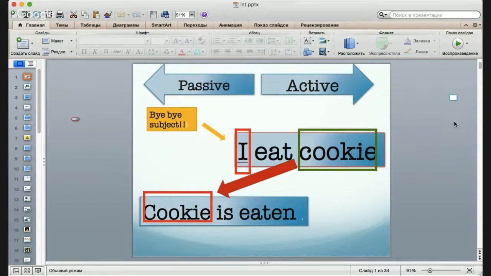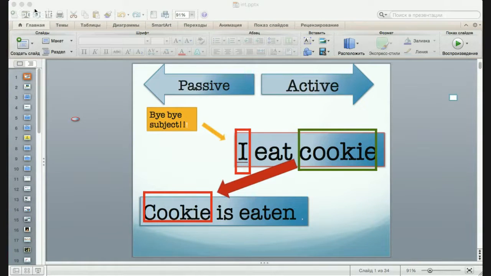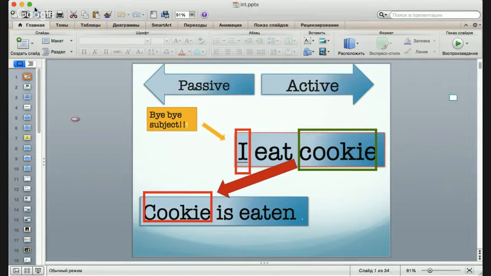Let's have a look at the very first word in this sentence, the subject, in this red box. The subject is the personal pronoun I. What is important for us in this sentence? The most important thing is that it is me who actually performs the action. So we place the greatest emphasis on the subject. That is me, not Susie, not Jeannie, not John who performs the action. That is me who eats cookie, okay?